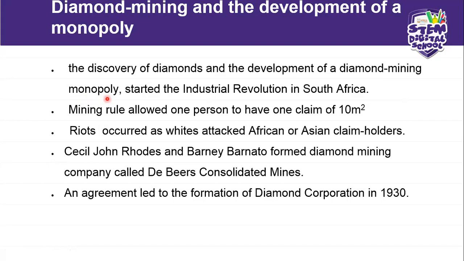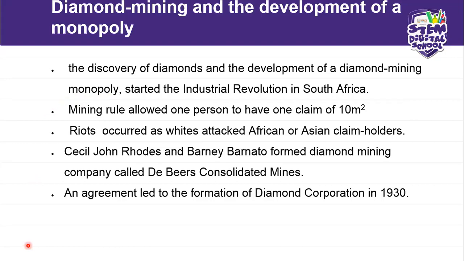Just find out what it means. It's always good to learn new words as you are learning. That is what is called learning. You learn new things every day. So research the word monopoly and find out the meaning.